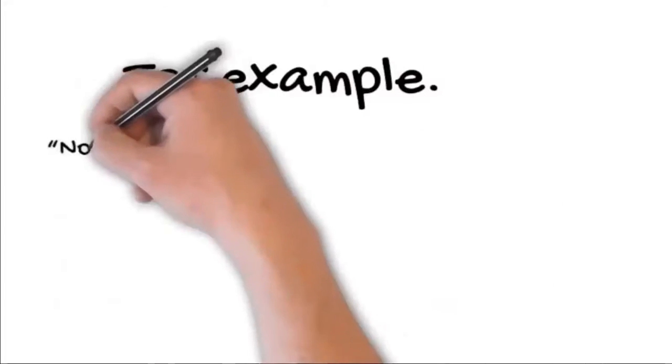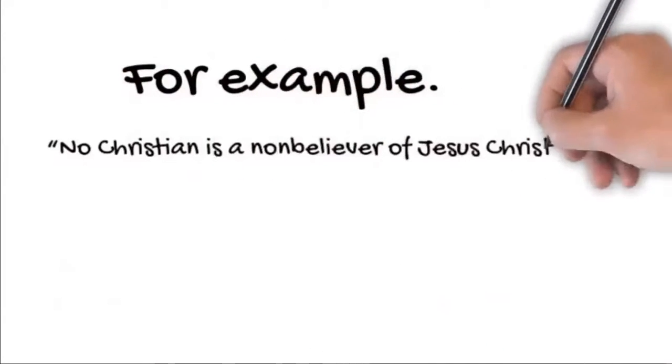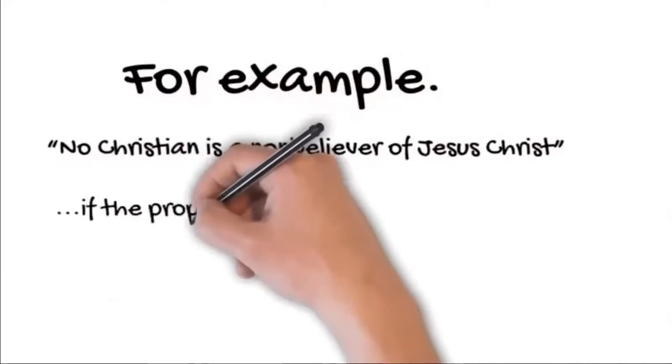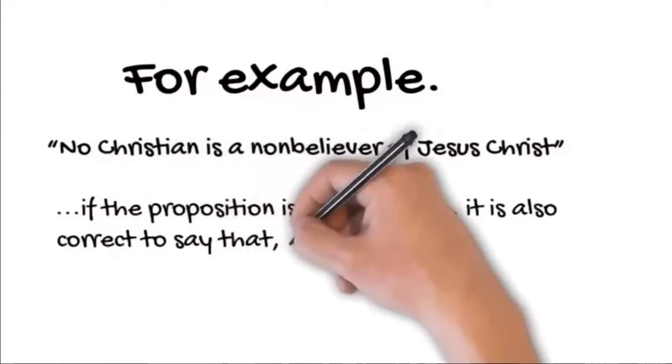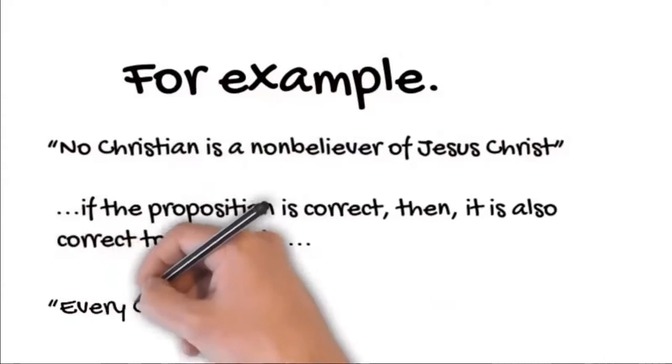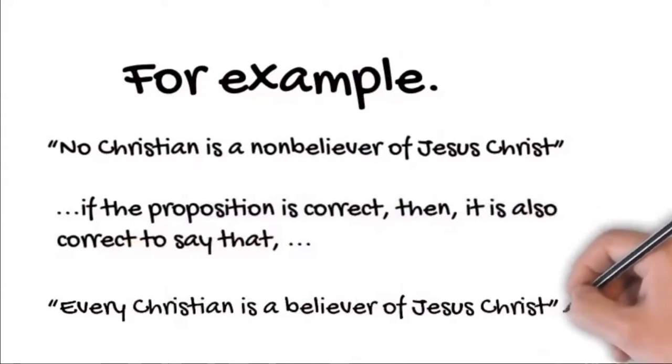For example, no Christian is a non-believer of Jesus Christ. If the proposition is correct, then it is also correct to say that every Christian is a believer of Jesus Christ.